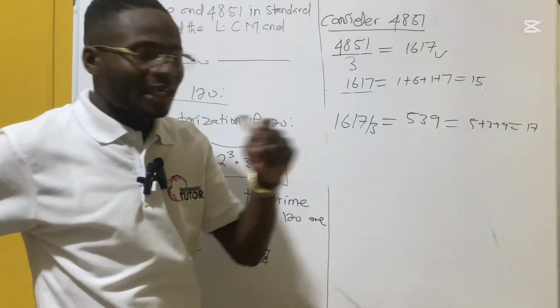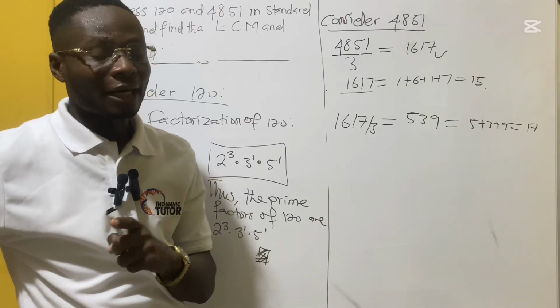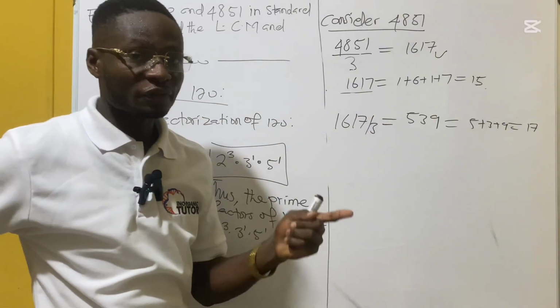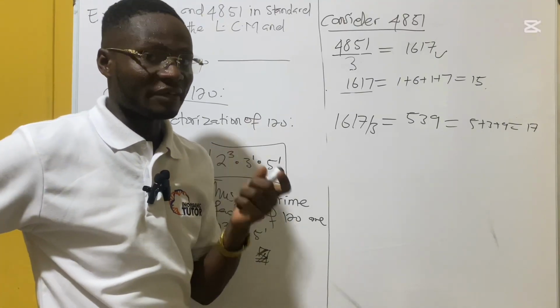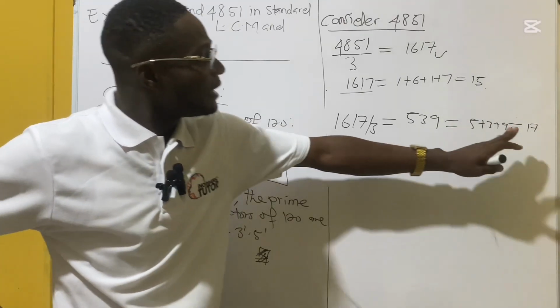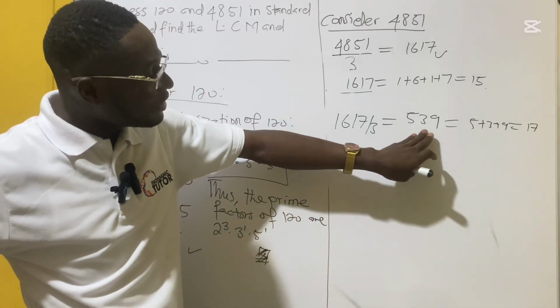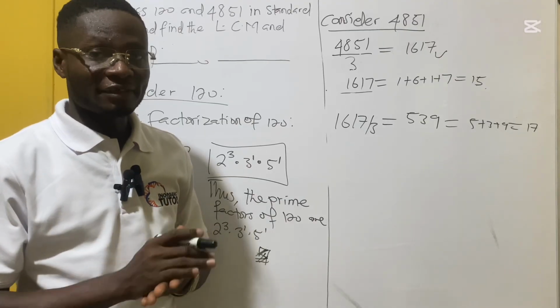But you cannot use 3 to divide 539, because 17 is not divisible by 3. You cannot use 5 or 11 either. The best option for you to divide 539 is to divide it by 7.